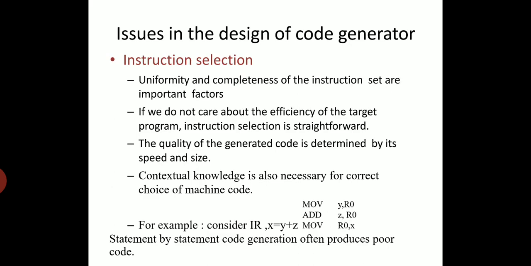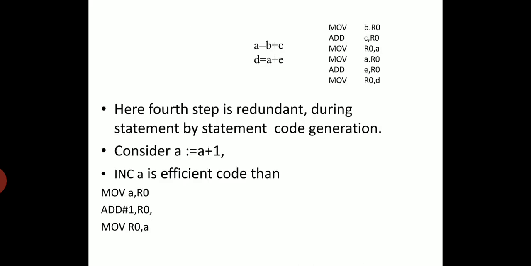So that the statement x = y + z gets fulfilled. But when the statement by statement code generation method is adopted, it will often generate poor code. That is clear from the next example. Consider a = b + c, d = a + e. Here, when we approach statement by statement code generation, we will generate the following codes: move b, R0; add c, R0; move R0, a; and again we move a to R0, because the second statement contains a.